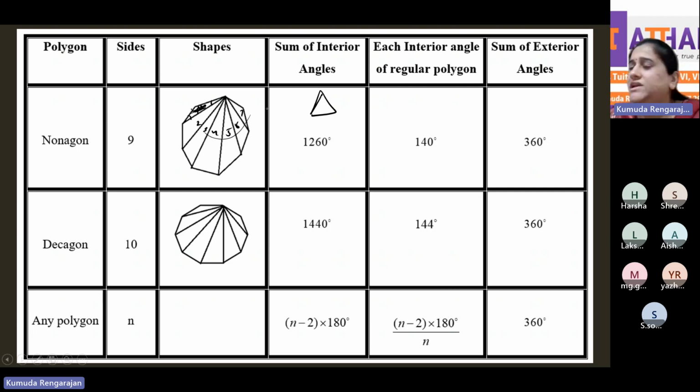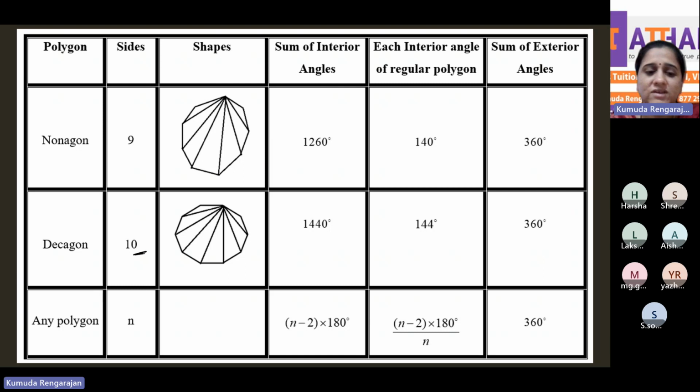One triangle, 180 degrees. Like one book, 180 rupees. 7 books, 7 into 180. So 7 triangles, 7 into 180, 1260 degrees. Yeah, so that's what it is.